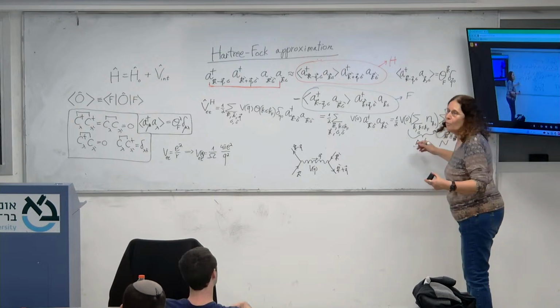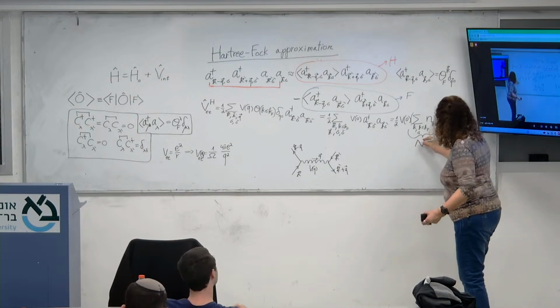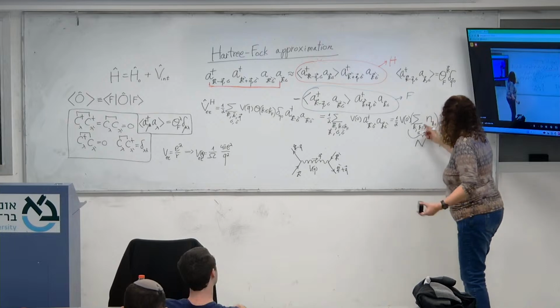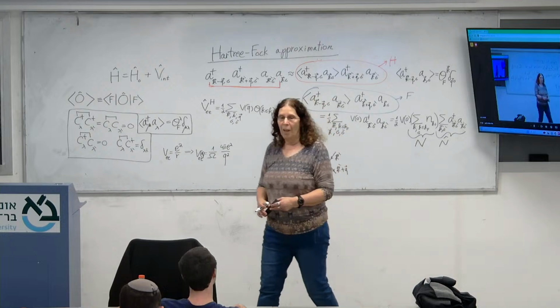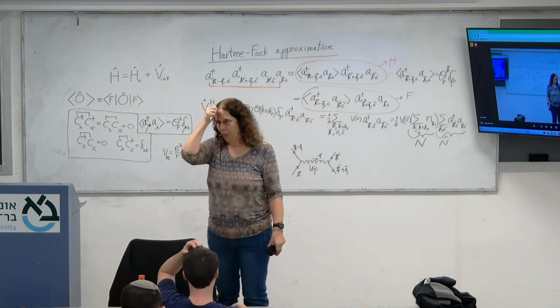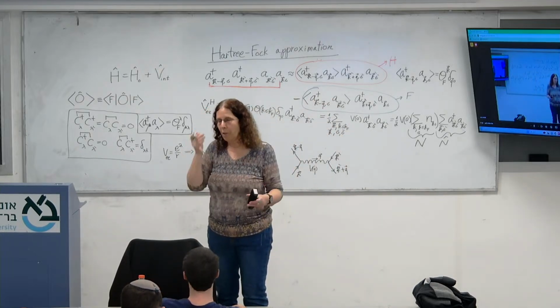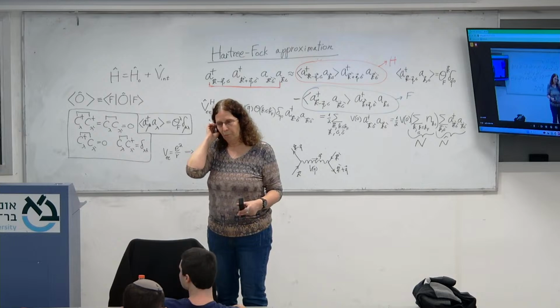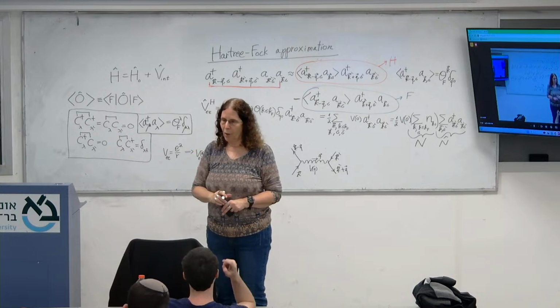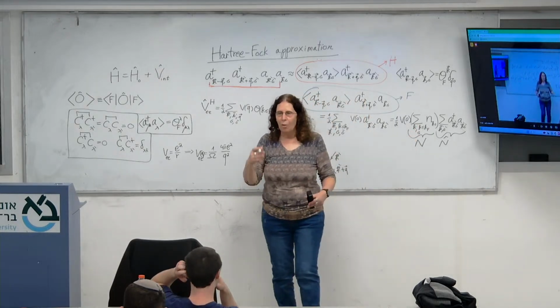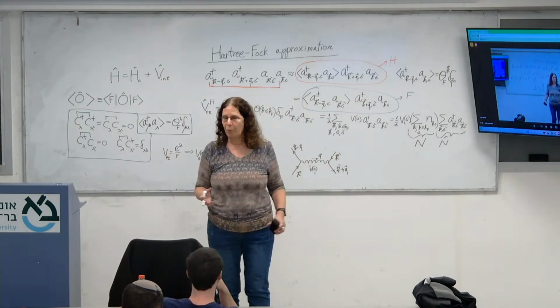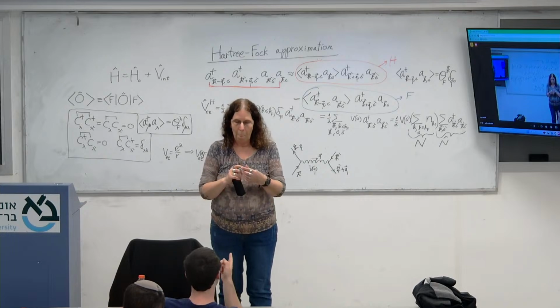It's the expectation value, the number of electrons in the ground state, which is nothing but just counting how many states are below the Fermi level.